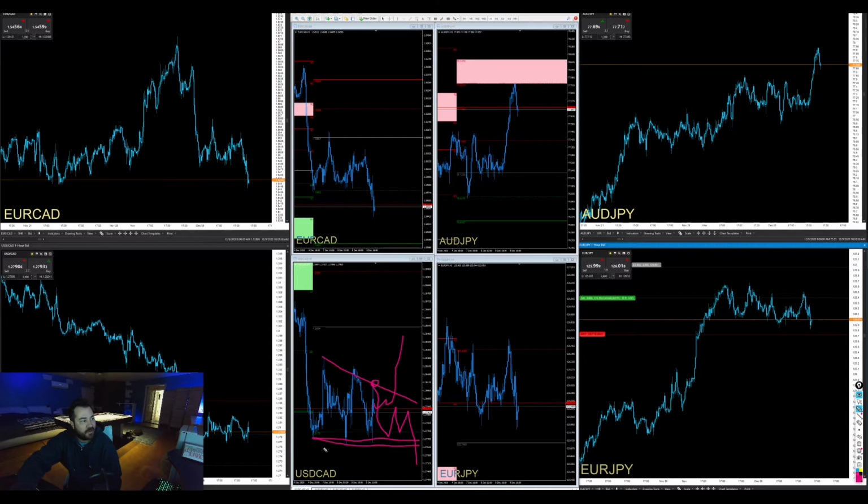Anytime you have a flat part and then you have declining, that's bearish. Same thing on the other side. If it was a flat top and inclining lows, then that's bullish. We're kind of in a bull channel on the euro yen.